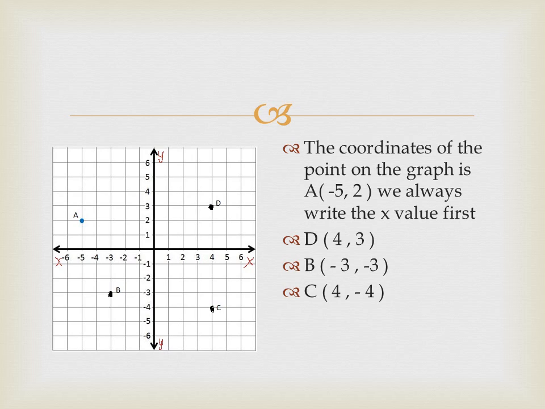Now let's look at C. If you trace C to the x-axis, you are going to get +4, but if you trace it to the y-axis, you are going to get -4. So we say the point C is 4 and -4. Take time and look at the solution again and try to understand it.